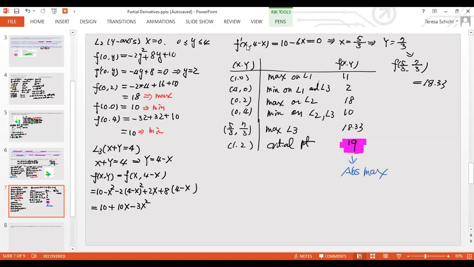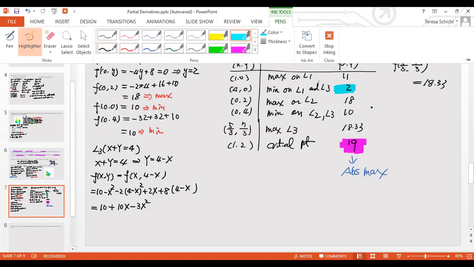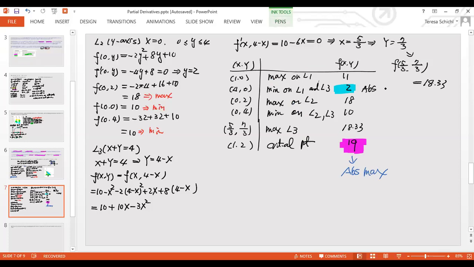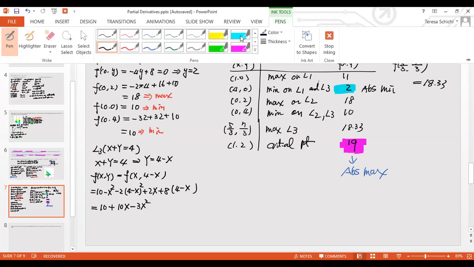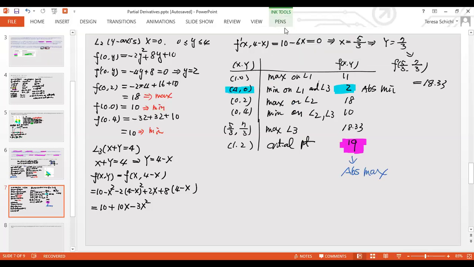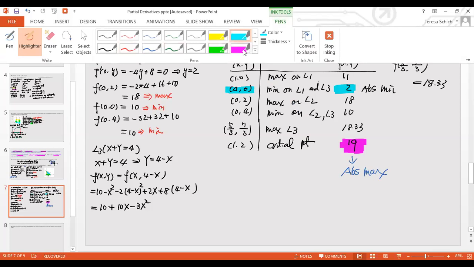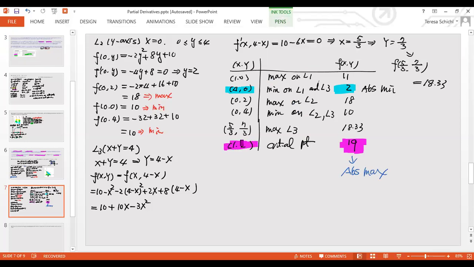The smallest value here we see is 2. So the smallest value is the absolute min at 4, 0, right? And the 19 is at the critical point. So that's what happened to our absolute max and absolute min.